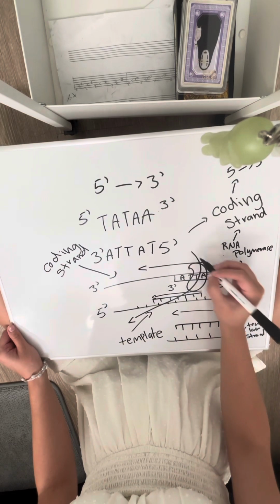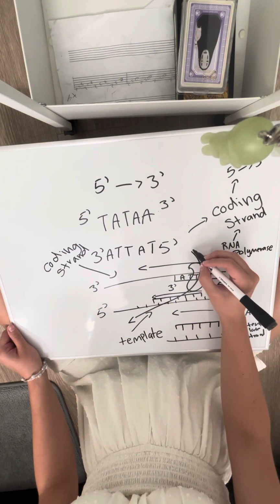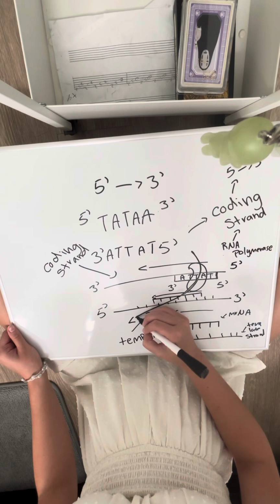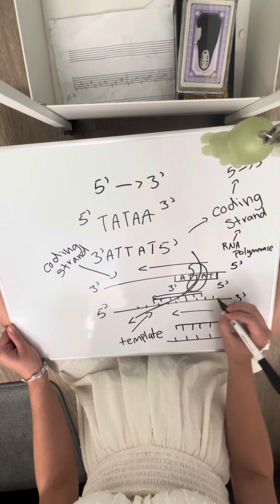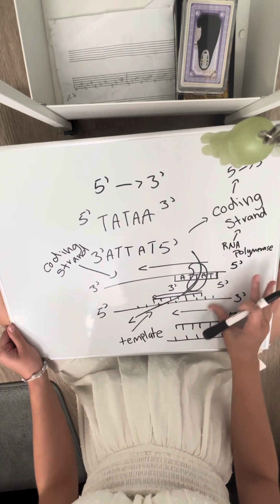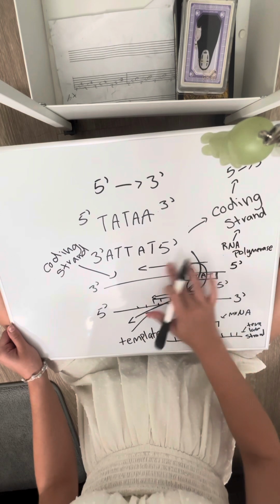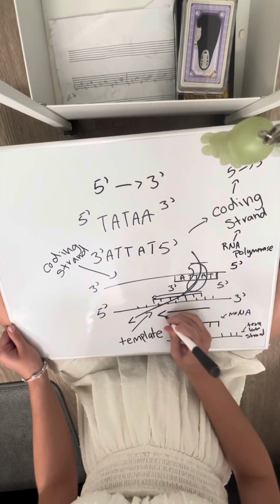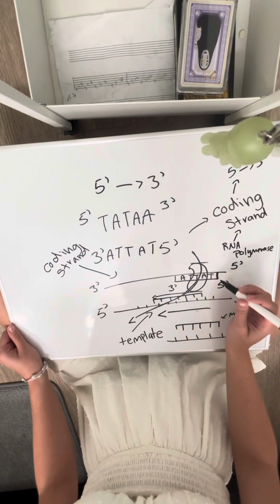So, the RNA polymerase attaches to the TATA box, and then through it, it feeds the mRNA, which reads the template strand in a 3 to 5 prime direction. So, the directionality of transcription will be in this direction. In the direction you read this TATA box is from 5 to 3.